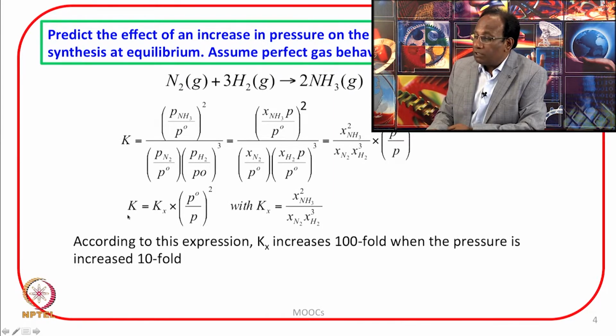So, 10 times increase in pressure will increase the value of Kx by, sorry, it will become 100 fold. Since when you take P to the other side, it is a P square term. So, if you increase the pressure by 10 fold, Kx will increase by 100 fold.